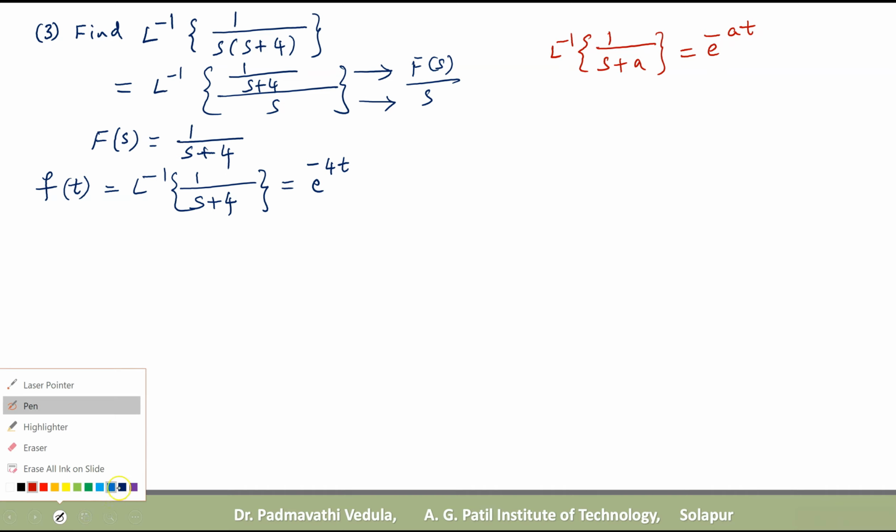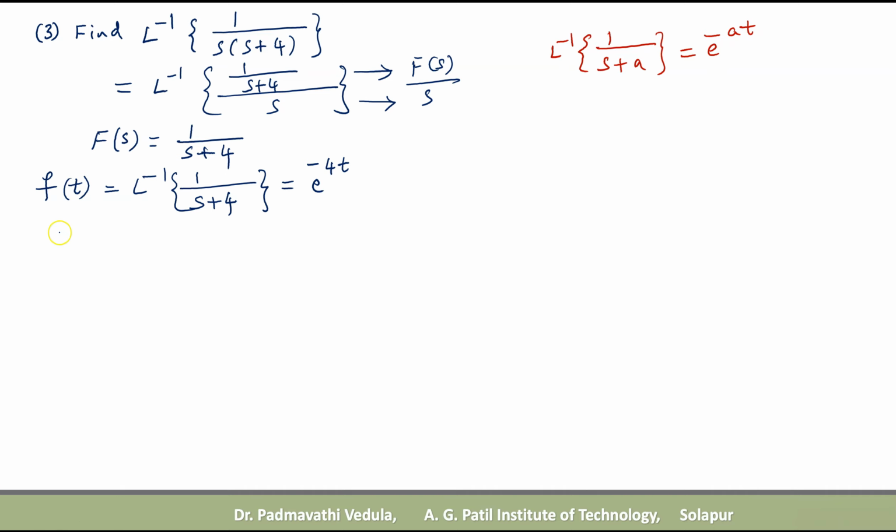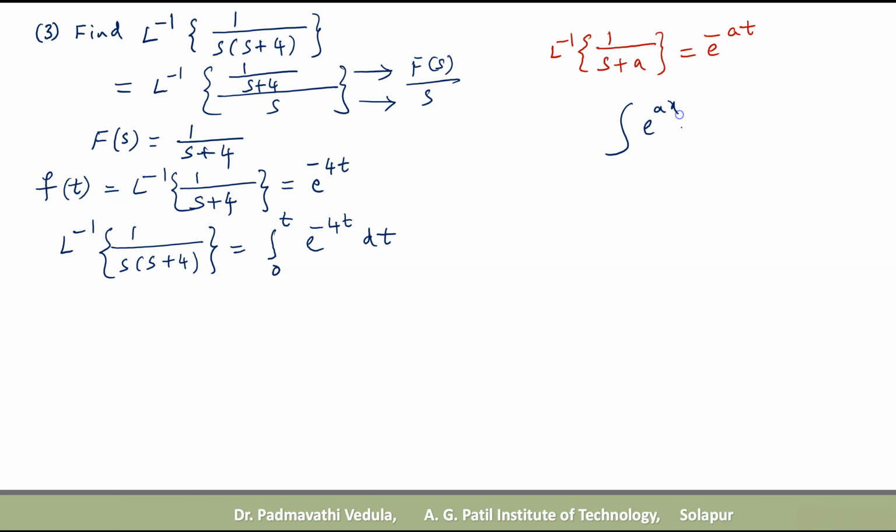So here, to get the inverse Laplace of 1 by s into s plus 4, we have to integrate this e power minus 4t with respect to t under the limits 0 to t. We know integration of e power ax dx equal to e power ax upon a. So we get e power minus 4t upon minus 4 under the limits 0 to t.